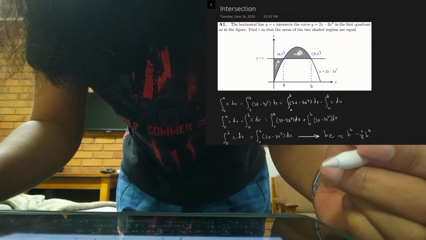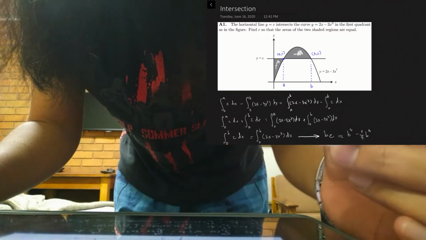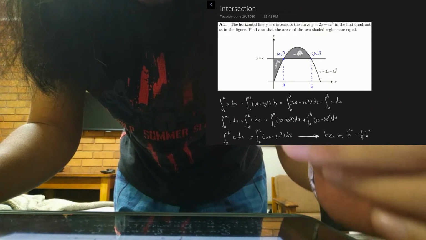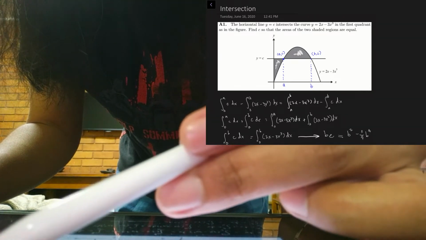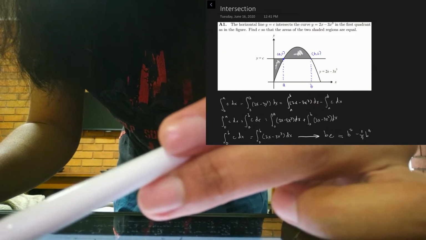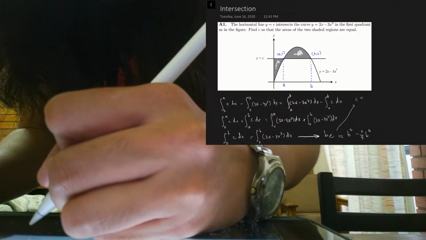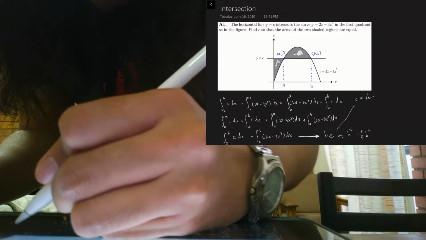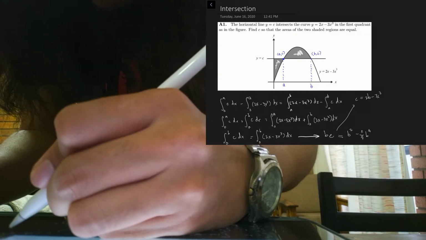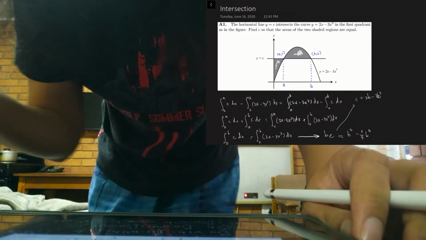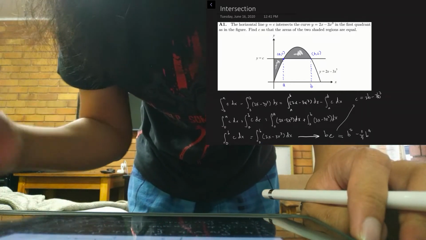Okay, and note that at the point where the curve intersects the line, c is given by 2b minus 3b cubed, basically the value of 2x minus 3x cubed at b.